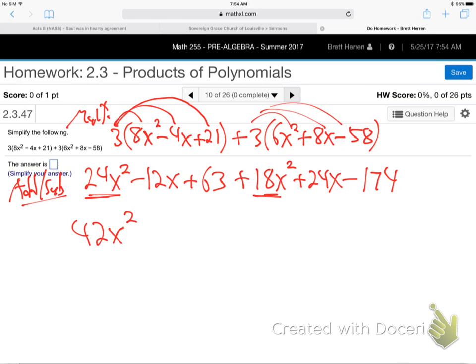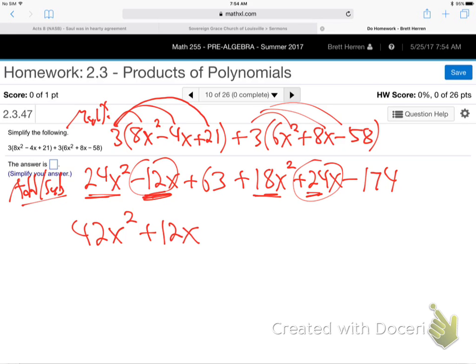Good so far? And then minus 12x and plus 24x, they're like terms. They will add together. It's really subtraction. 24 minus 12 is positive 12, right? Everybody see why that's positive? Because it's a gain of 24 and a loss of 12. 24 minus 12 is plus 12.